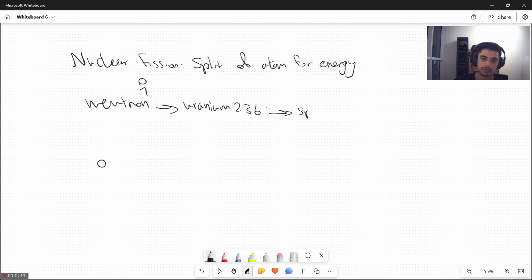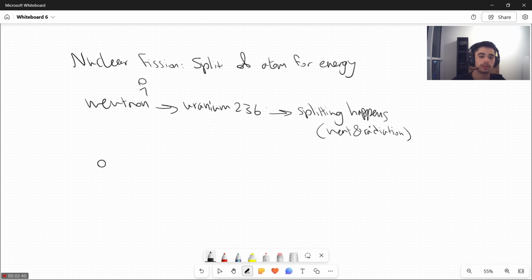So splitting happens, and this splitting has a lot of energy released, more like heat, and that's disgusting handwriting, but heat and radiation get released from it.